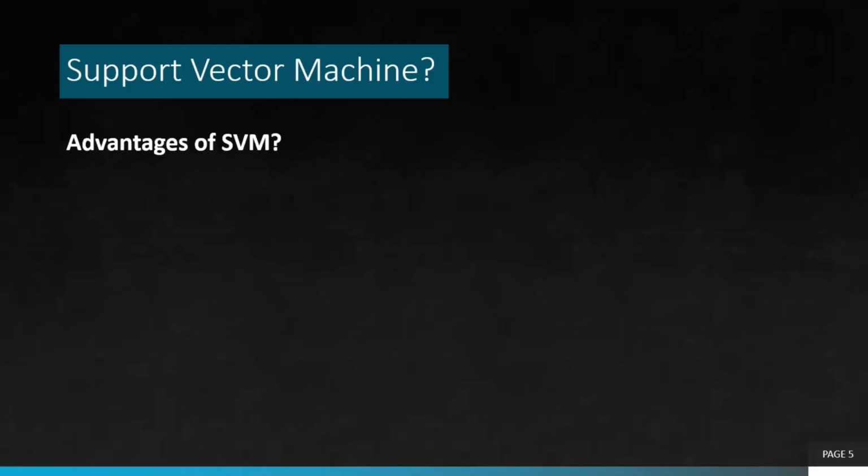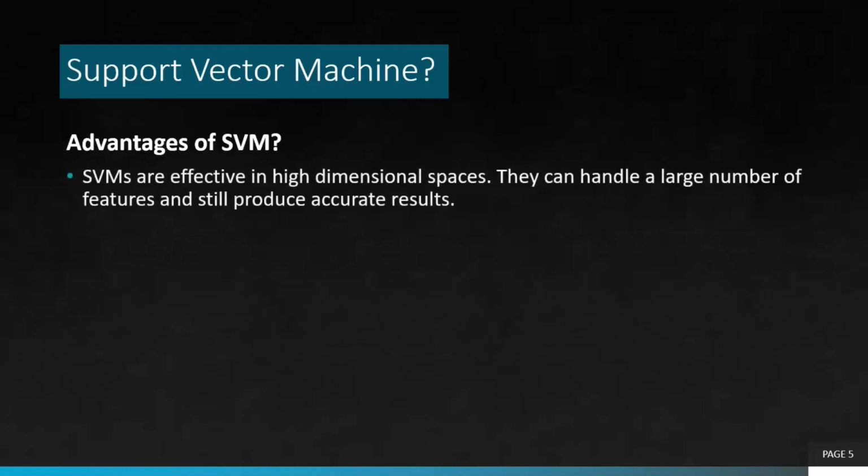So what are the advantages of using a support vector machine? SVMs are effective in high-dimensional spaces. They can handle a large number of features and still produce accurate results, which means that you can pass more independent variables or columns.